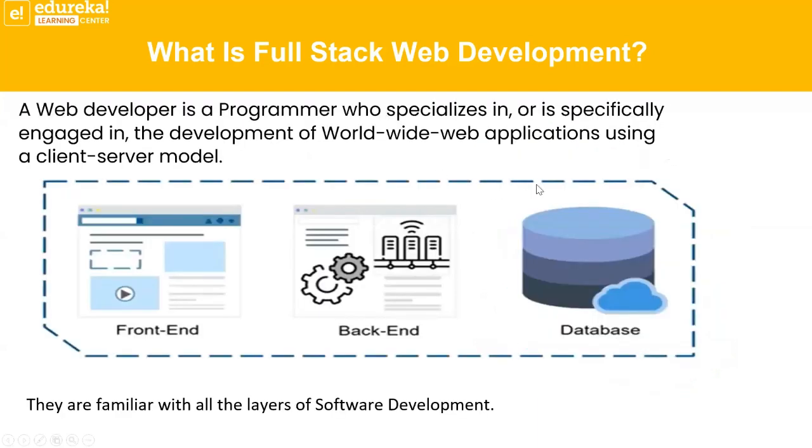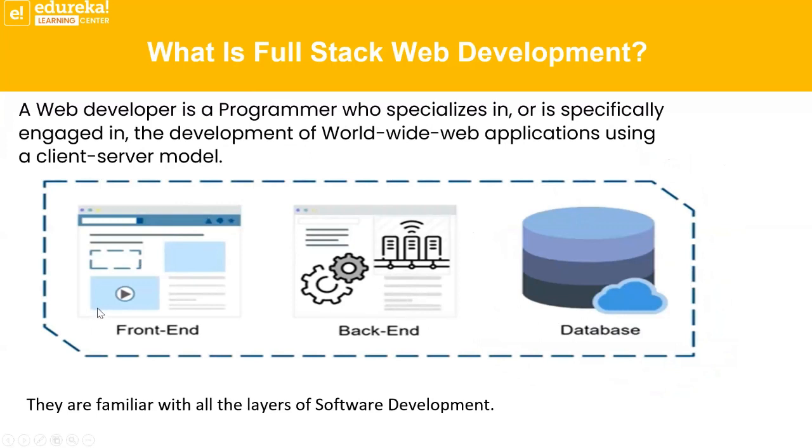As I mentioned, the full stack development process involves a web developer being a programmer who specializes in areas where World Wide Web applications use a client-server model. The client-server architecture involves the front-end portion, the back-end portion, and the database layer.